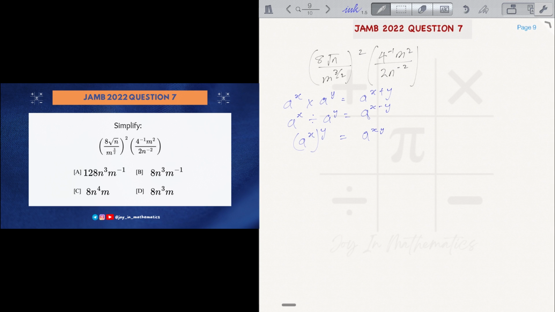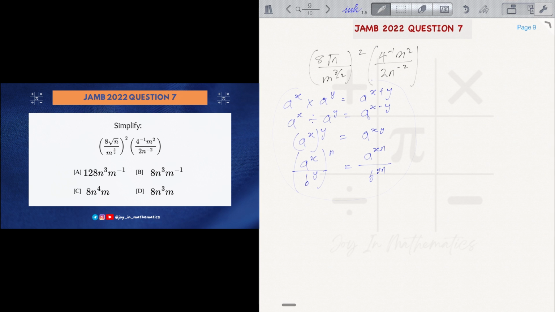And it also applies that if we have, let's say, a raised to the power of x divided by b raised to the power of y, all raised to the power of n, we'll have a raised to the power of xn divided by b raised to the power of yn. So let's begin.